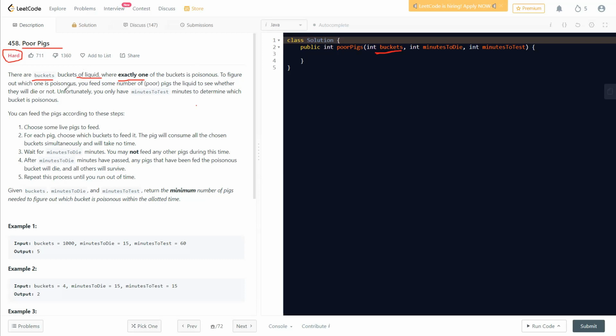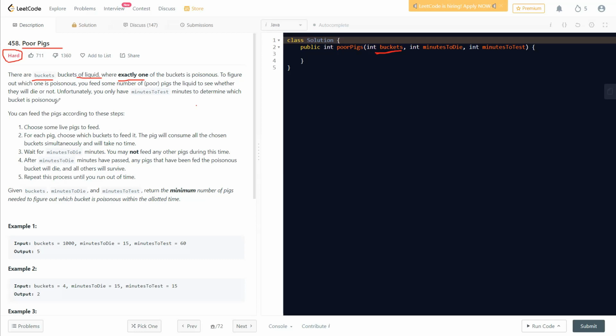By this you need to find out which bucket is poisonous. Fine. So you need to feed those buckets to the pigs, and you need to realize which of the buckets is poisonous by seeing whether the pig is dying or not.